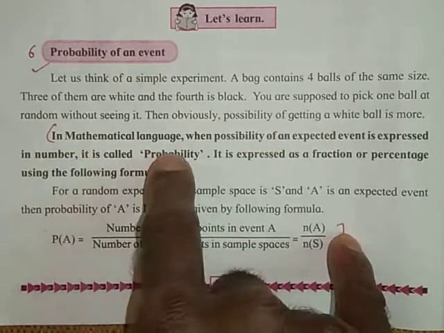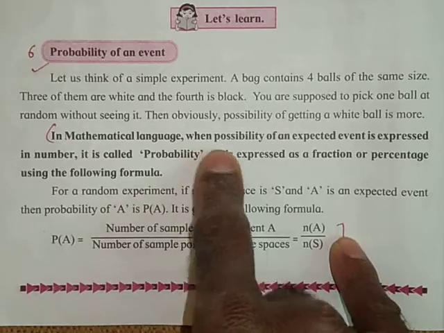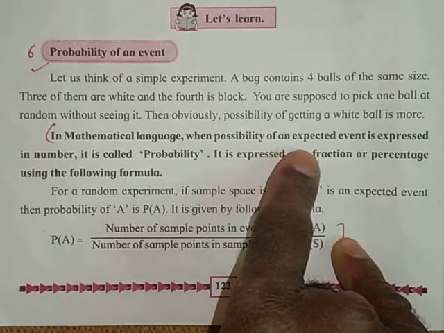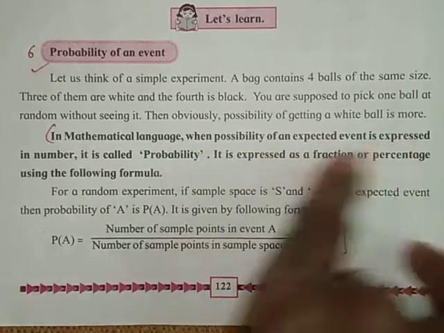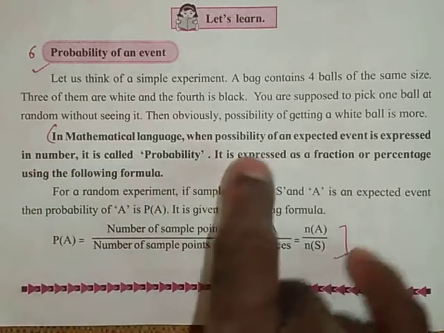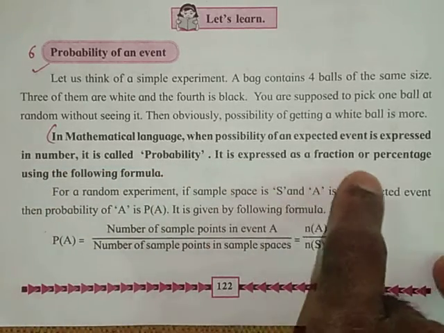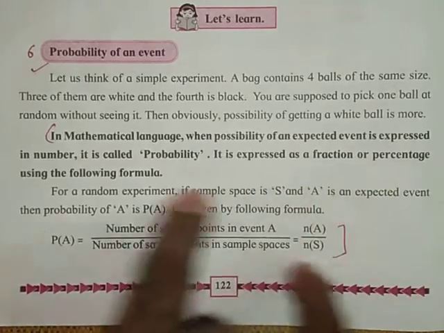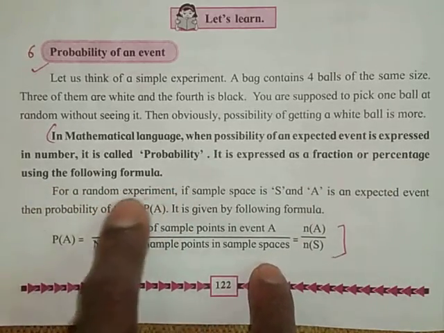In mathematical language, when the possibility of an expected event is expressed in number, it is called probability. It is expressed as a fraction or percentage using the following formula.